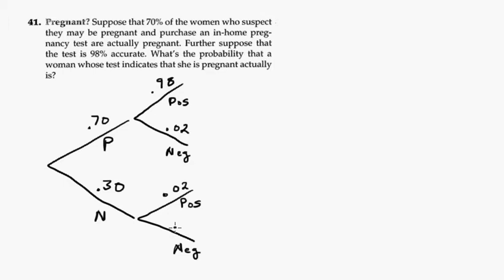And here, this would be 98 because it's accurate, right? She's not pregnant and the test says negative, you're not pregnant. Okay, so that's the tree. And of course these branches can be labeled.